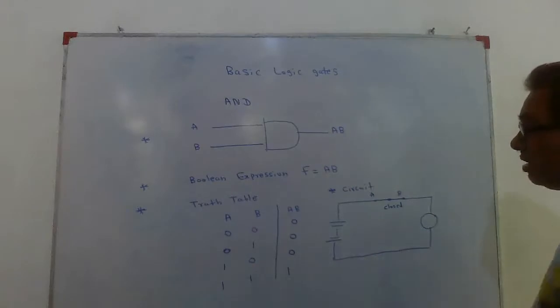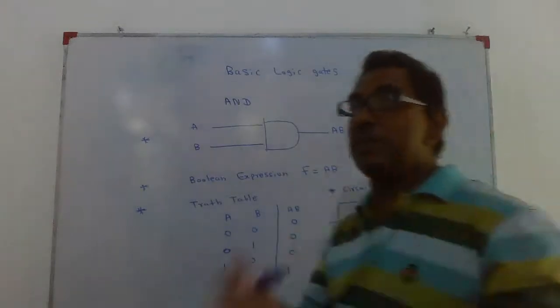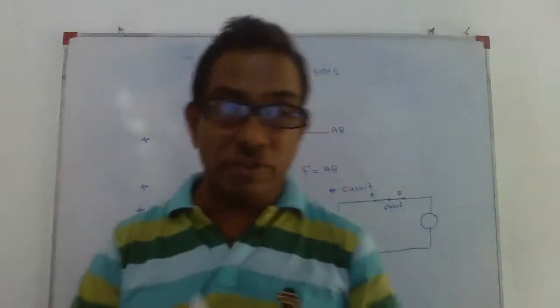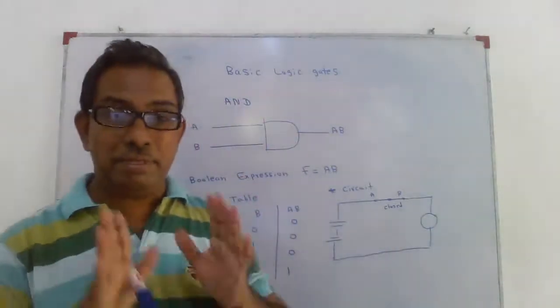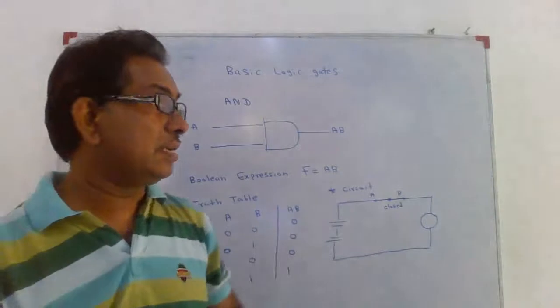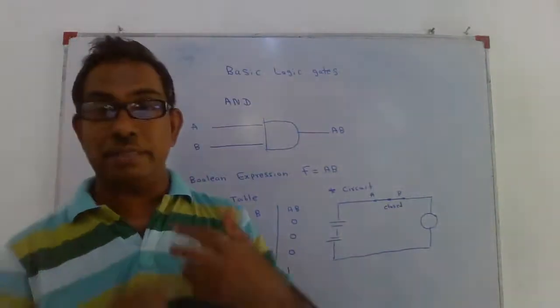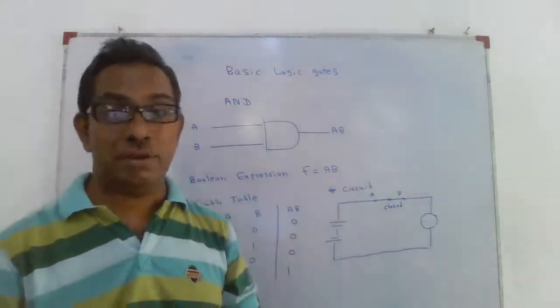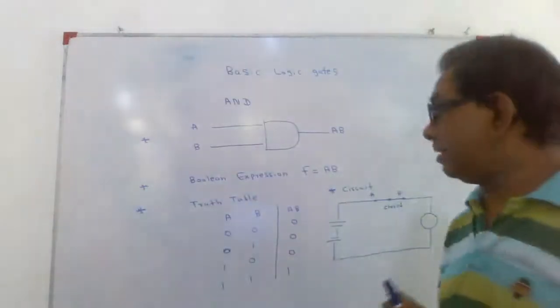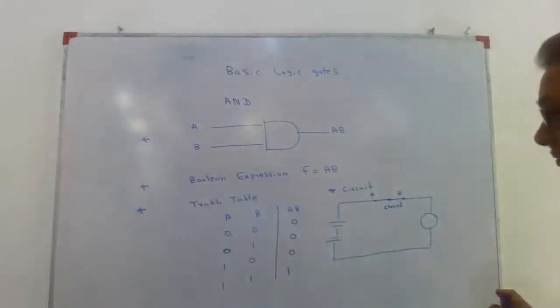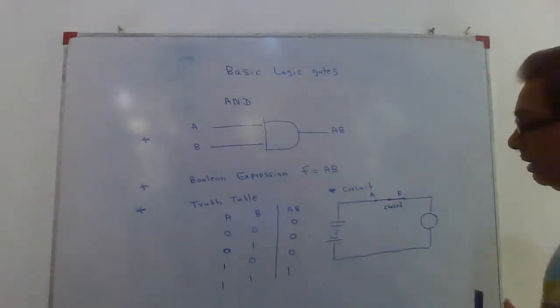Why did we not make a circuit for the NOT gate? Actually, we have a circuit. Later on we will do it. It is better to understand this circuit now, and later we will discuss the NOT gate circuit. Okay, then you can understand the simple AND gate.